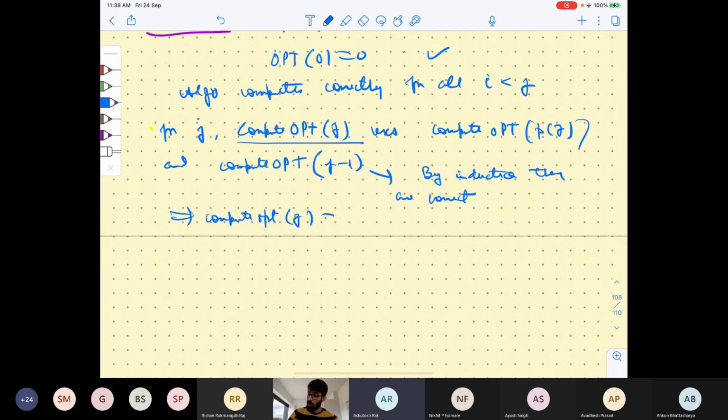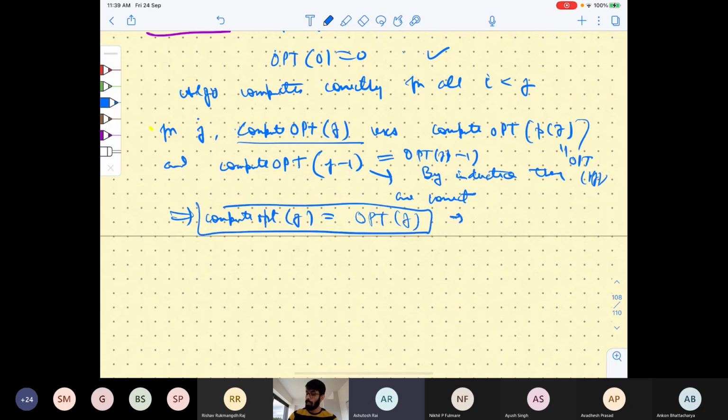What does it mean by correct? That this is equal to opt of j minus 1, and this is equal to opt of pj, right? And so finally you get that compute opt is equal to opt of j, and this is the correctness.